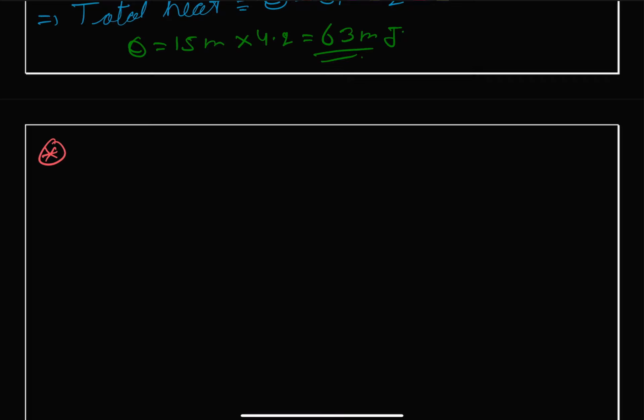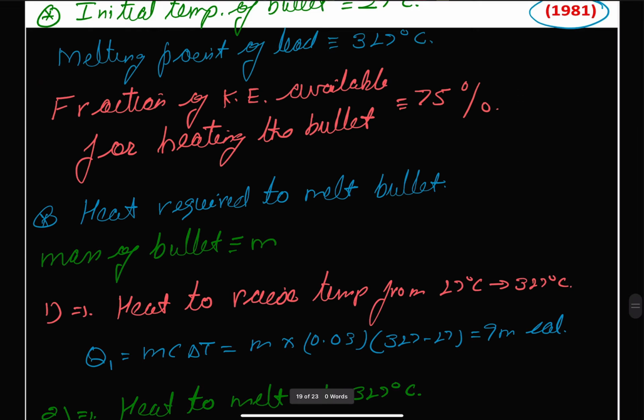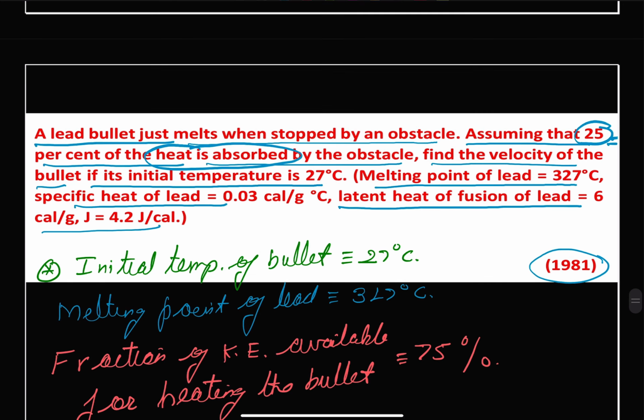So we can say kinetic energy of the bullet, if it is moving with a velocity v, will be equal to K. Kinetic energy is equal to half mv square. Mass is not given of the bullet.